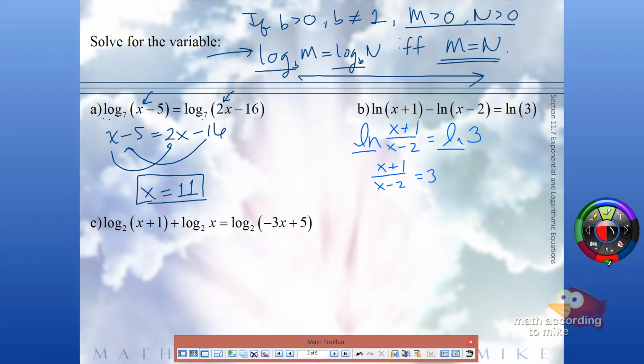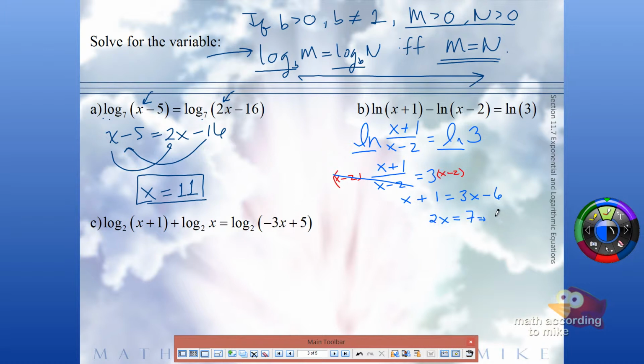This is a rational equation. To solve a rational equation, we're going to multiply both sides by the LCD, in this case x minus 2. On the left, we get x plus 1. On the right, we get 3x minus 6. Bringing the 6 over, bringing the x over, we get 2x equals 7.